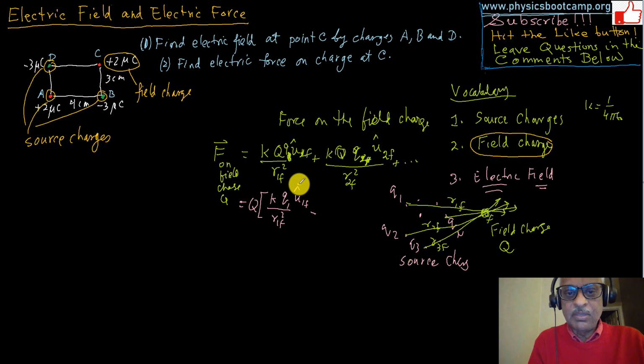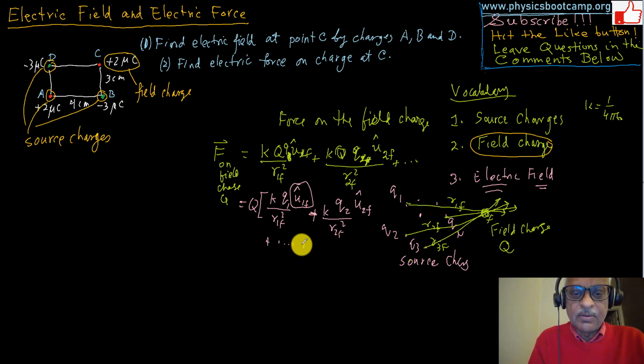So the direction can be in the direction of this or opposite to it, depending on the sign of this. Plus k Q2 unit vector from 2 to F over r2F squared, plus the last one will be k Qn u hat nF over rnF squared.